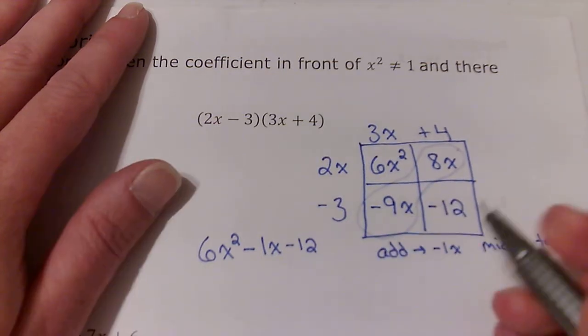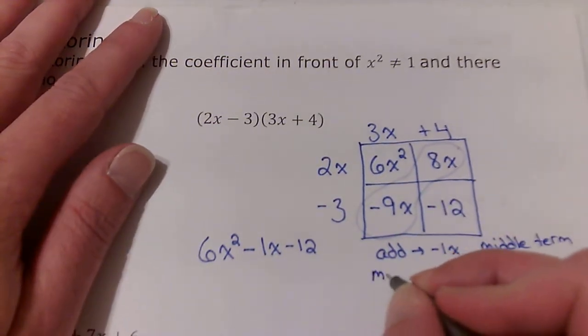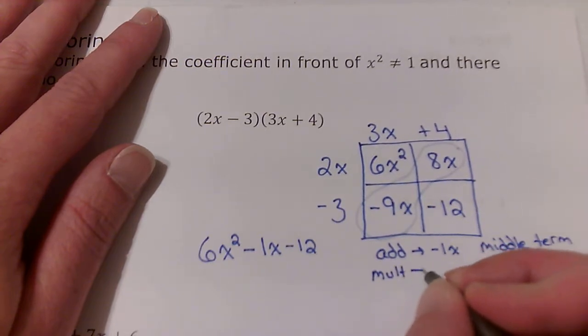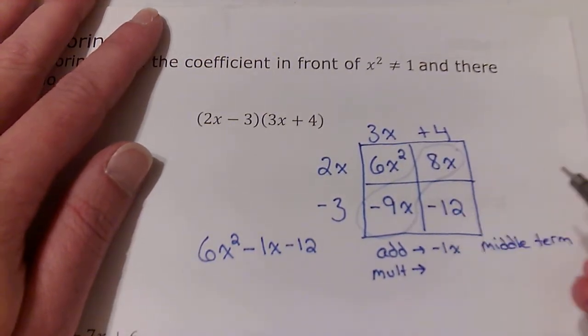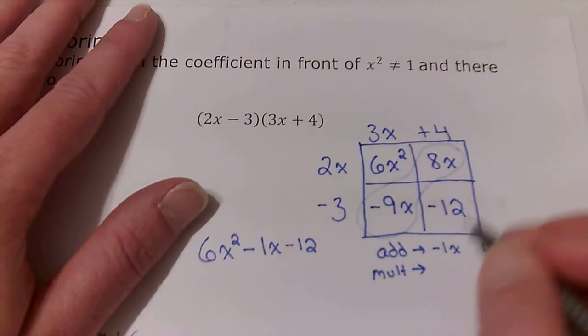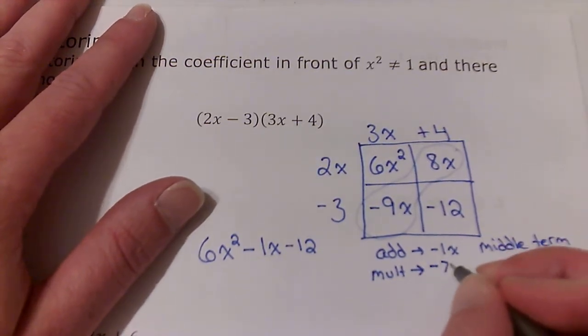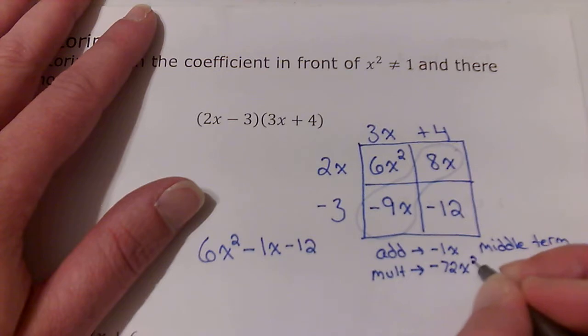What do these multiply to be? Well, what's 8 times negative 9? That's negative 72x squared.